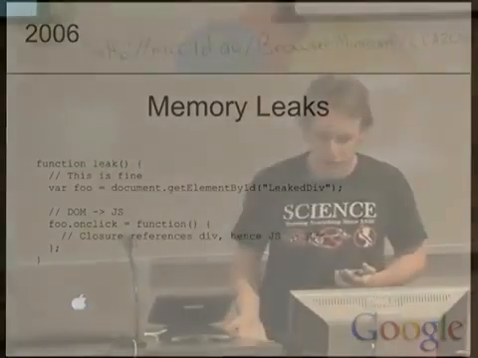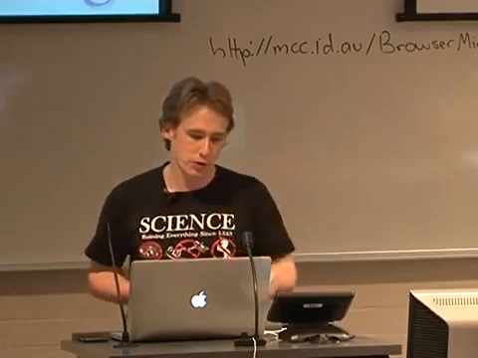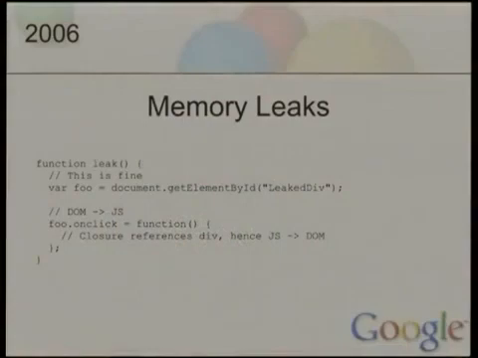The more insidious form of this is closures. This might be a little hard to read. What we've got is a function leak. We grab a DOM node and we chuck it in a JavaScript variable. And then we say, okay, DOM node.onClick equals function. So var foo is just fine because it gets cleaned up. That's a JavaScript variable that can be cleaned up whenever we need it to be.